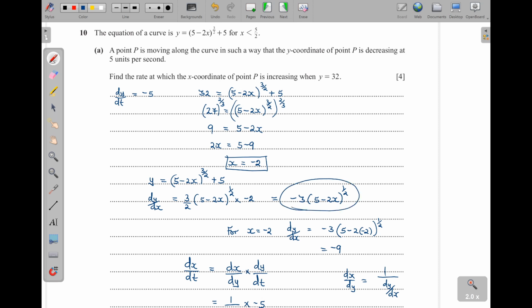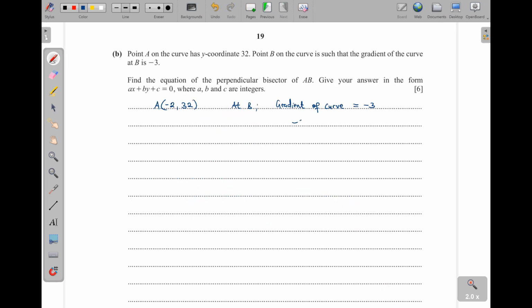So negative 3 into (5 minus 2x) to the power of a half. Okay, so I'll go here and I write negative 3 into (5 minus 2x) to the power of a half, is equal to negative 3. Of course, when you divide through by negative 3, that one disappears and we get a 1. So we have (5 minus 2x) to the power of a half equal to 1.